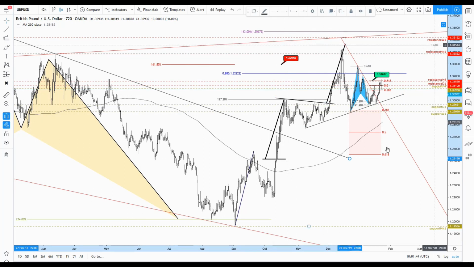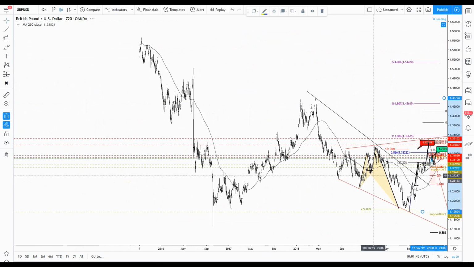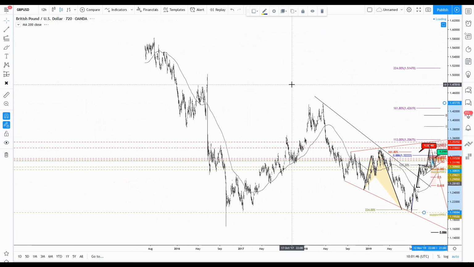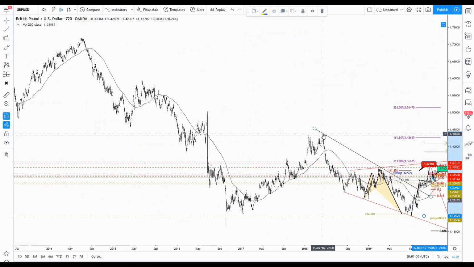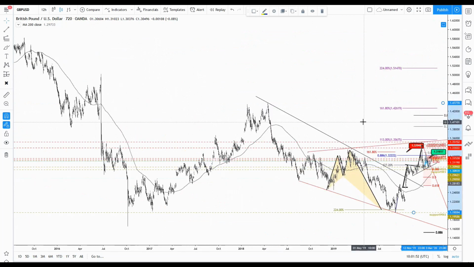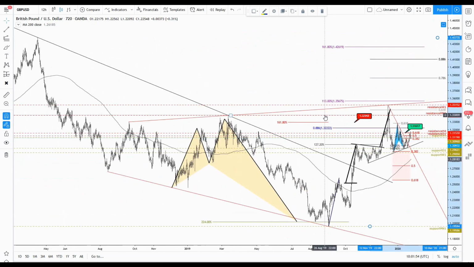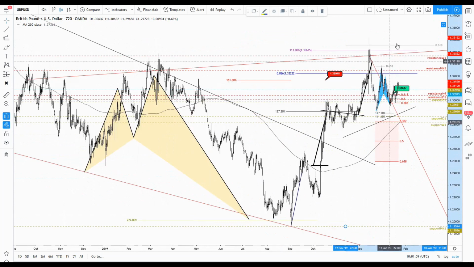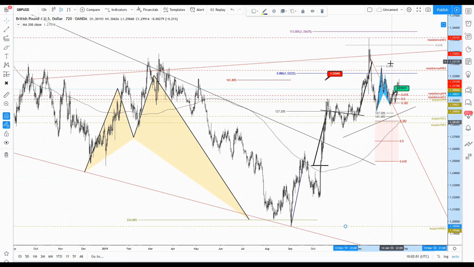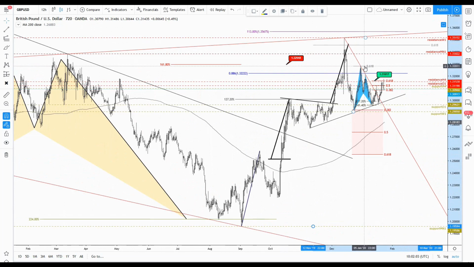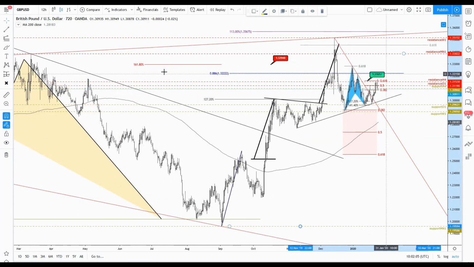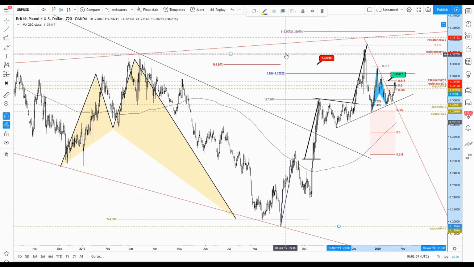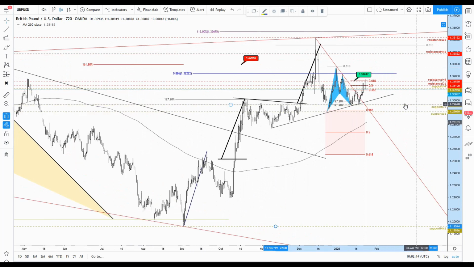So this is a golden fib from this previous structure high and this previous last swing low, a retracement from those levels. We were threatening the golden fib there. The market has found nice resistance with the weekly and the monthly fractal, actually recovering the monthly fractal printed earlier, with the weekly support printed above and the recovery of the fractal.